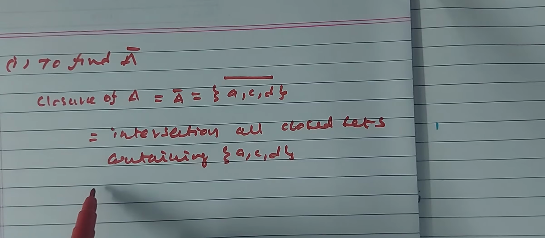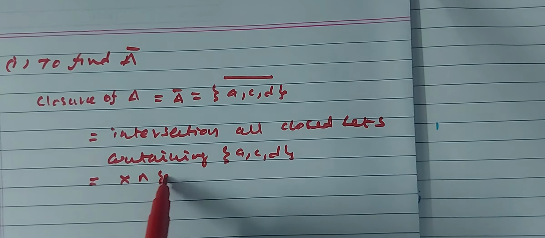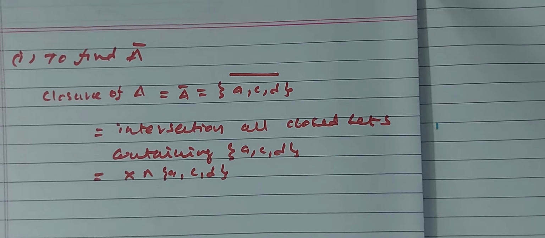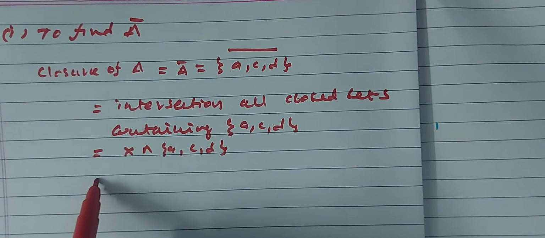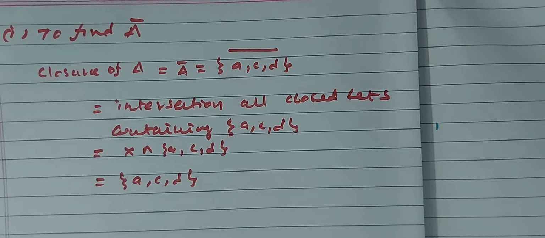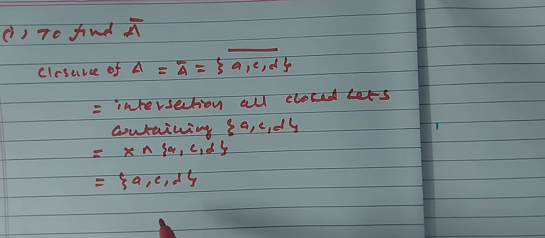This is equal to X intersection {a, c, d}, which is equal to {a, c, d}. So the closure of A is the given set A itself.